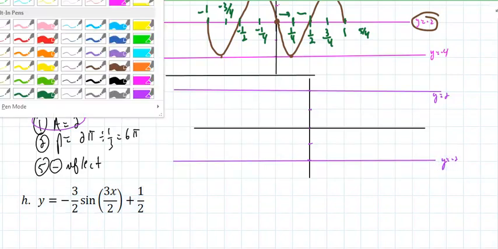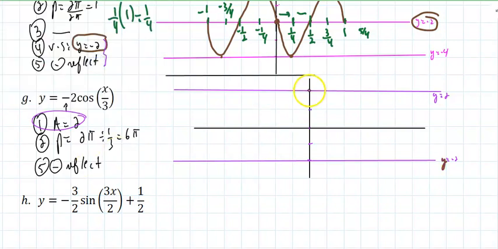Now, a graph of a cosine starts on the amplitude, but if it's reflected, instead of starting at the top and running down, I'm going to start at the bottom and run up. The points are the same, they don't change. Just the graph will flip-flop, nothing more. So the graph would look like this. And I'm going to go another cycle to the right.